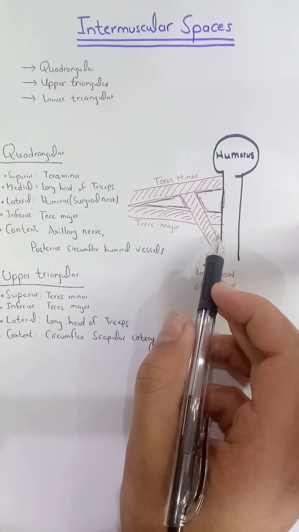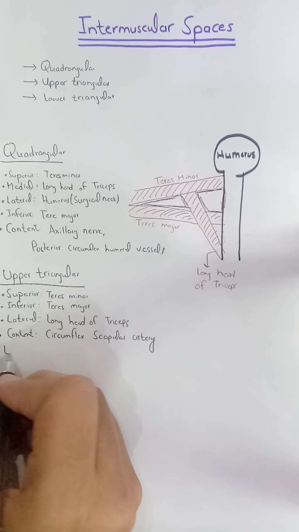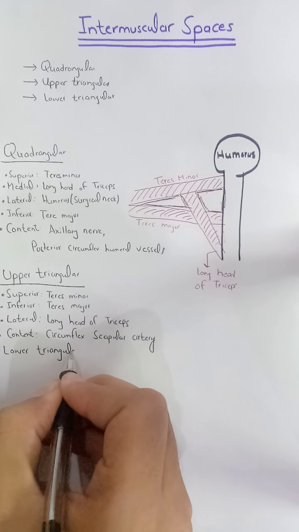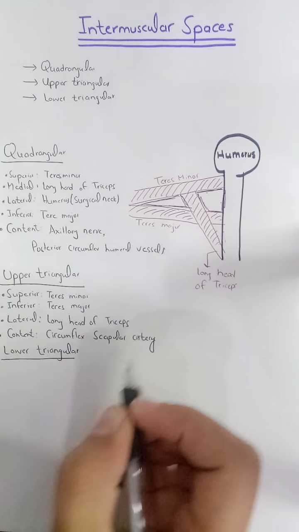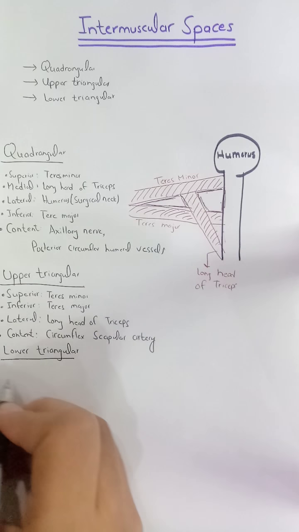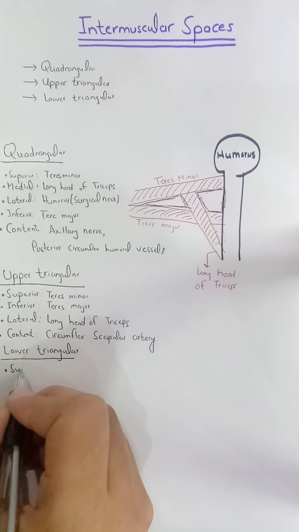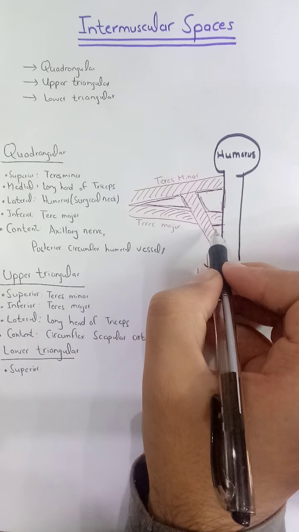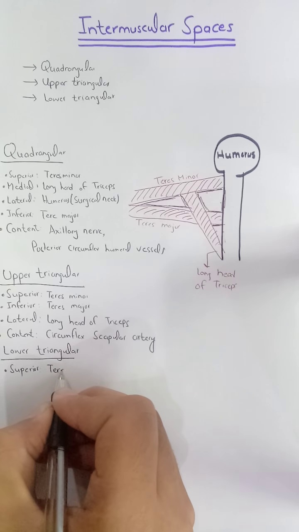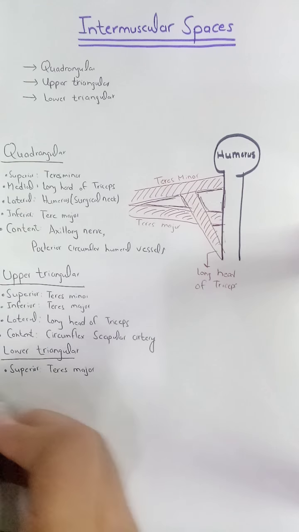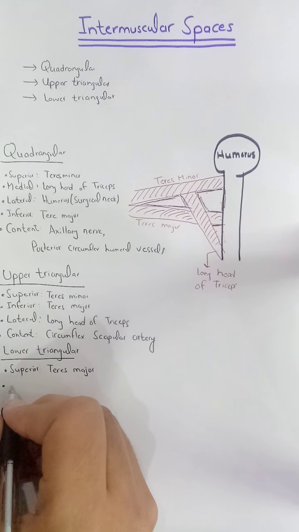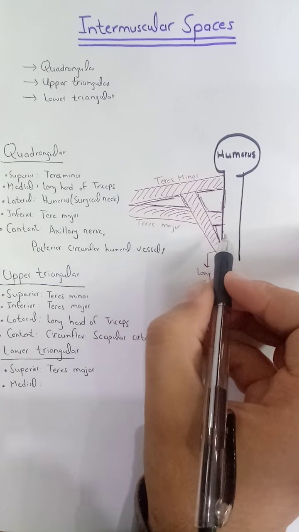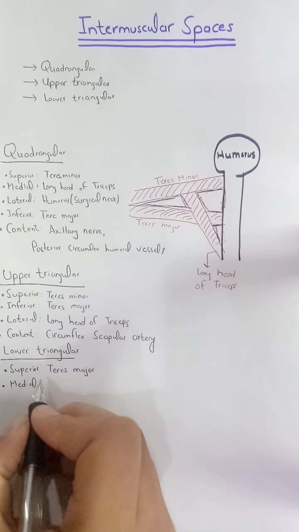Now we will move toward the third space, which is the lower triangular space. So we will now see its boundaries. The superior boundary will be of the inferior border of teres major. And the medial boundary will be by the lateral border of the long head of triceps.